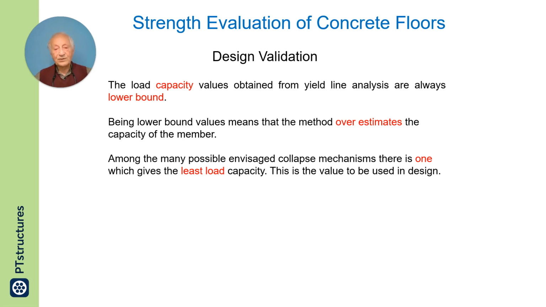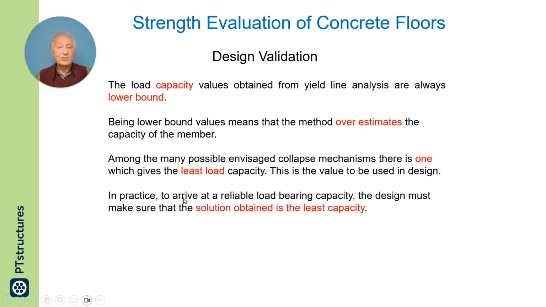Now you have to make sure that the pattern you have assumed has the lowest capacity, or it gives such a large reserve of capacity over demand that, based on your judgment, it is acceptable.